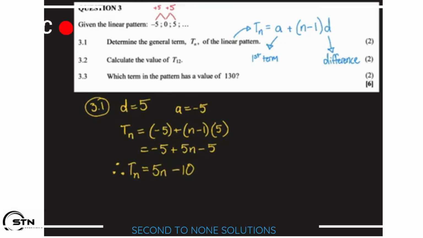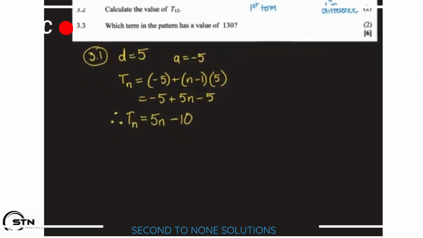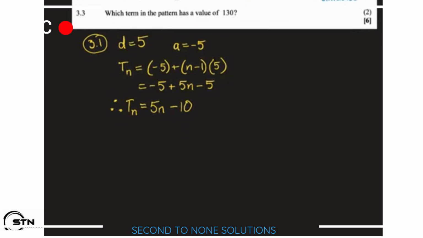The next part of the question asks us to calculate the value of T12. So let's write 3.2, T12, and you'll see that in the formula Tn, the n has been replaced by 12. So wherever there's an n, we replace it with the value of 12, and minus 10.